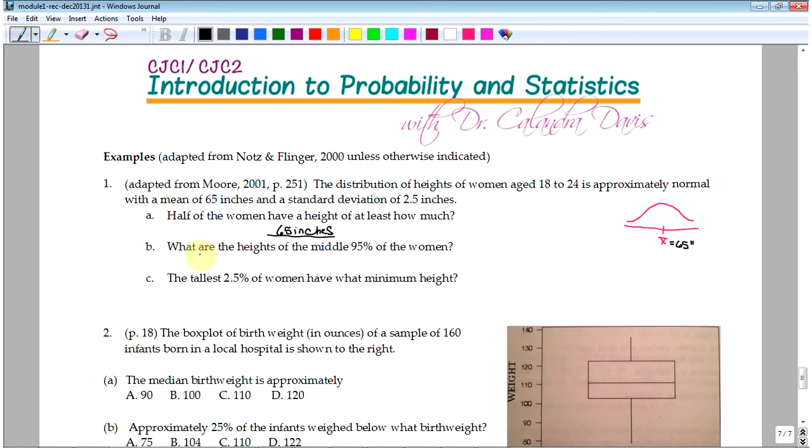Part B, what are the heights of the middle 95% of the women? Well, the middle 95% fall within 2 standard deviations.